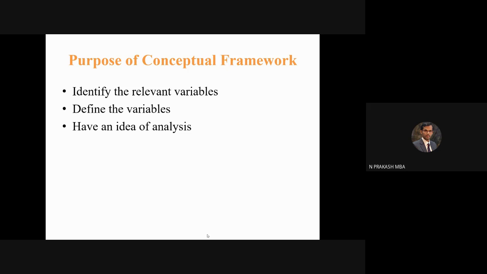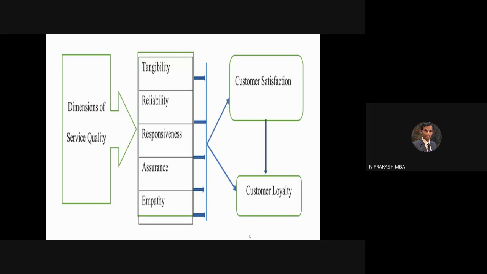So here I have given a small example of a conceptual framework. Here on the left side, you can see the different dimensions of service quality. And on the right-hand side, you can see customer satisfaction and customer loyalty.